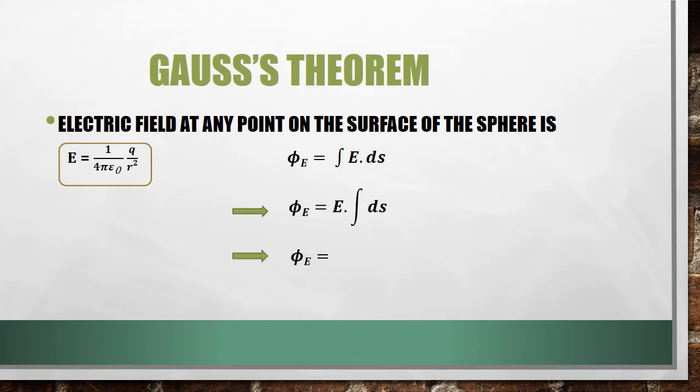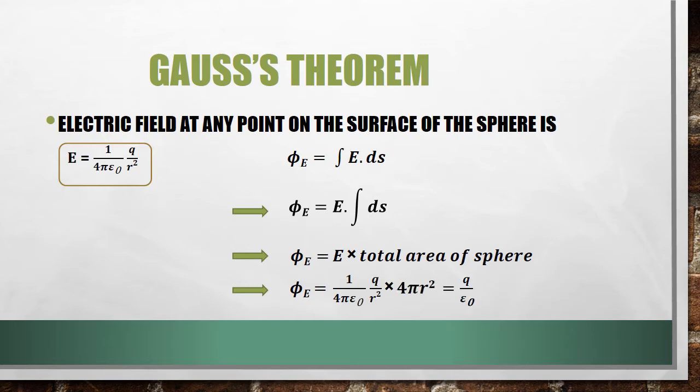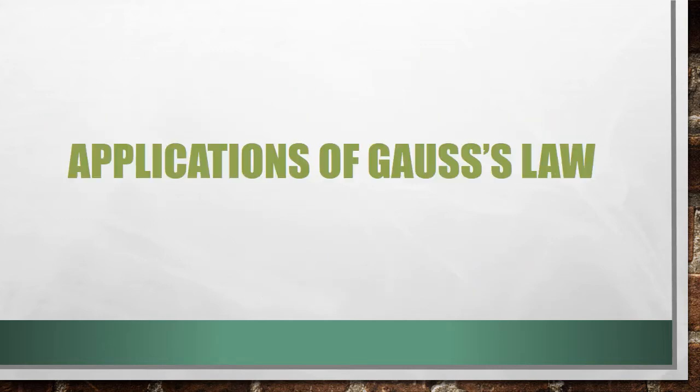That is phi equals E into total area of the sphere. That is phi equals 1 by 4 pi epsilon 0 into Q by r squared into 4 pi r squared. That is Q by epsilon 0. This is the theorem. Now we are going to discuss the various applications of Gauss's law.